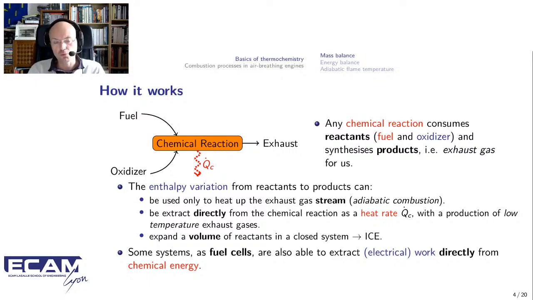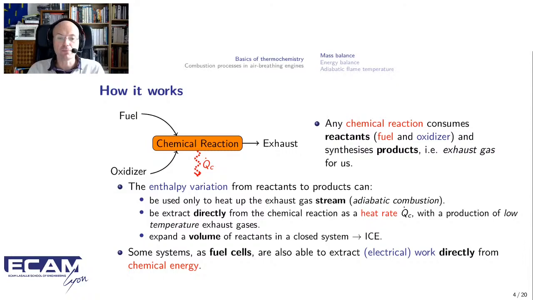The other way to use this kind of combustion process is to make it work at a sort of constant temperature and to extract the heat. So you are combining the fuel and the combustive, your combustion process is occurring, but your system is not isolated. The heat is extracted from this combustion process, for example, in order to heat up another fluid.